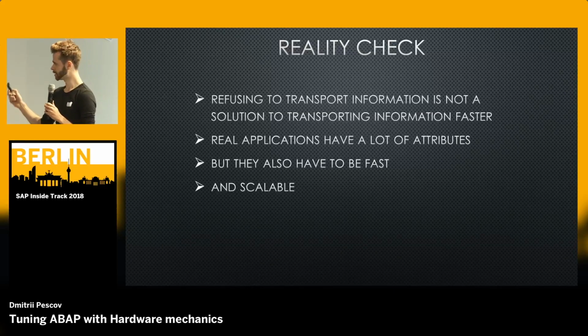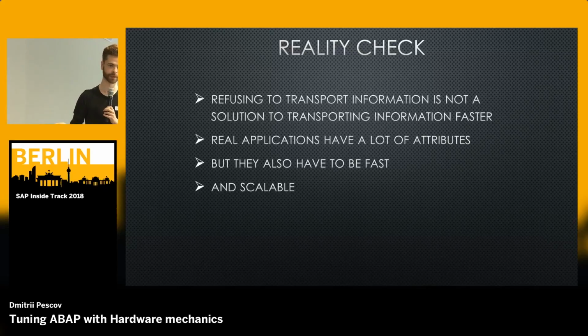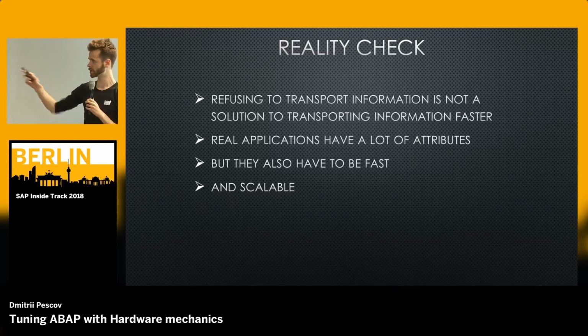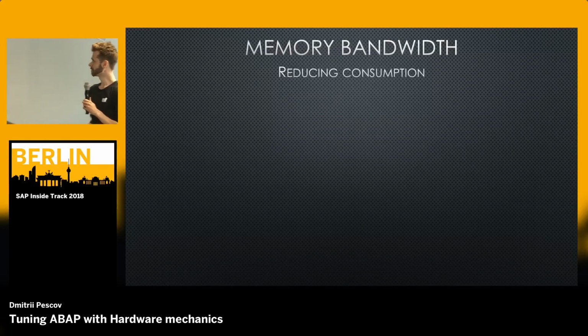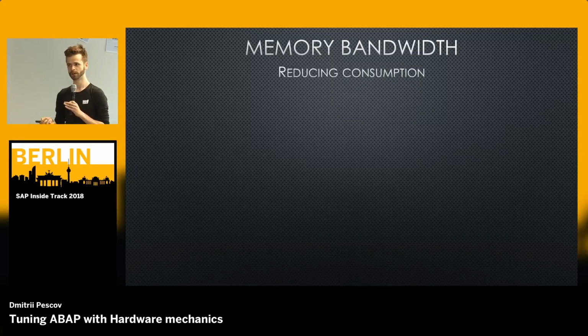That puts a lot of pressure on our infrastructure, and we aren't as fast anymore, and we also have scalability issues, because our infrastructure from a certain point on can't take the amount of punishment we're inflicting on it. So how can we actually reduce consumption without refusing to transport any data around?